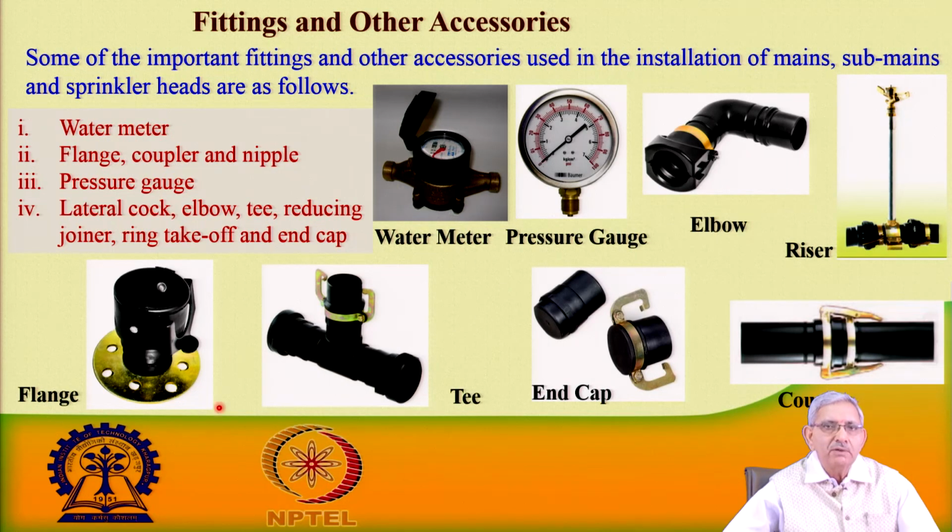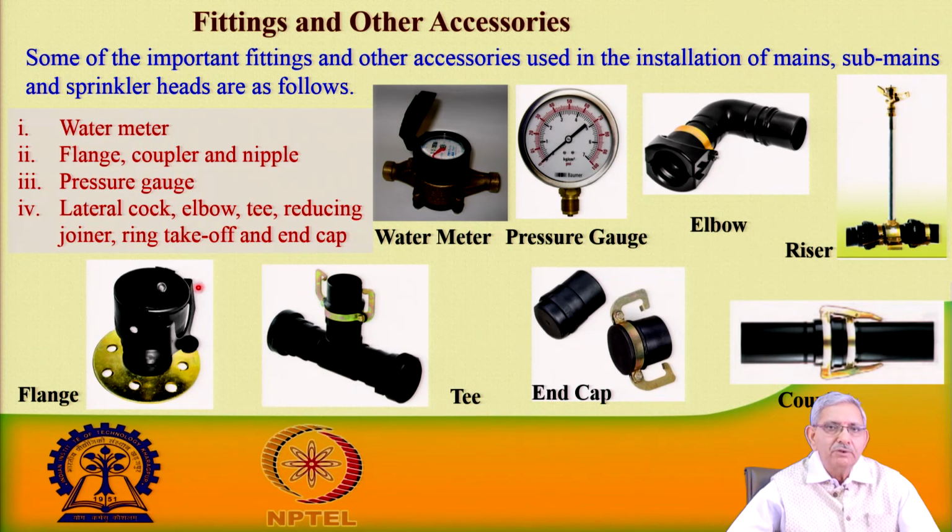Now, these are some of the fittings you may find. A water meter is used for finding out how much flow is taking place, then a pressure gauge, an elbow, and the two ends. There is a flange, there is a coupler, and on the coupler the riser pipeline is mounted, and on the riser pipeline the sprinkler head has been mounted.